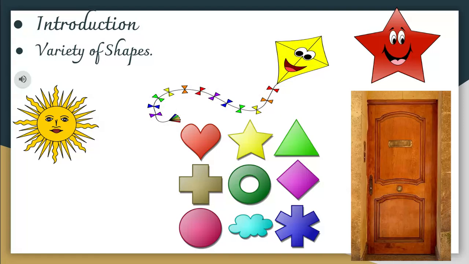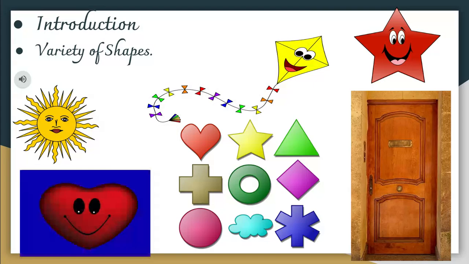They are different from each other. But at least both of these are formed by line segments, right? Still they are different from each other. Think of the shape of a heart, that's again quite different.